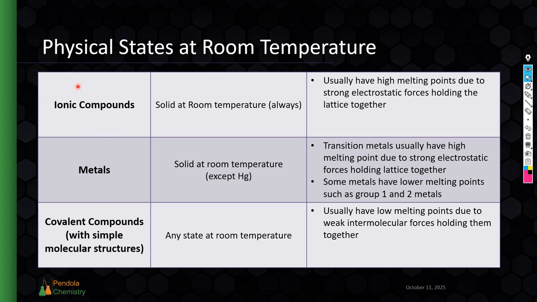For example, let's take the first physical property into consideration. The first physical property we're going to look at is physical states at room temperature, meaning state of matter: solid, liquid, or gas. Based on the type of compound that we're looking at, we will have a different point of view on the physical state.